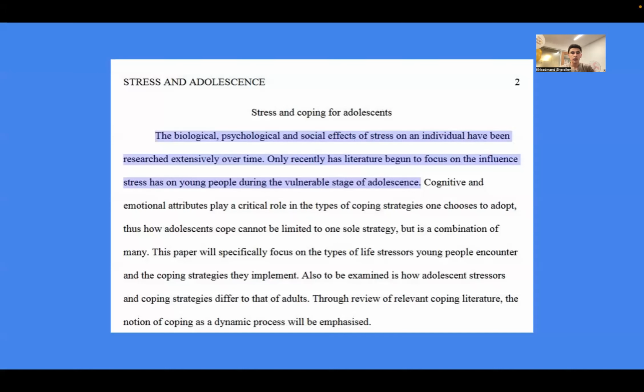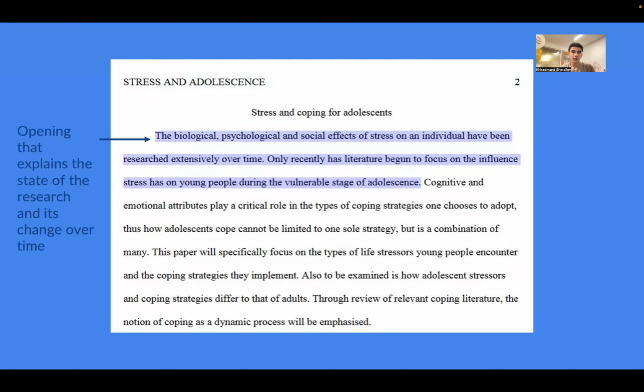So the literature review begins like this. The biological, psychological, and social effects of stress on an individual have been researched extensively over time. Only recently has literature begun to focus on the influence that stress has on young people during the vulnerable stage of adolescence.